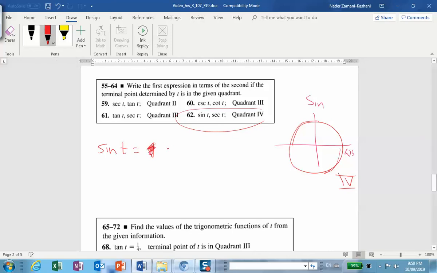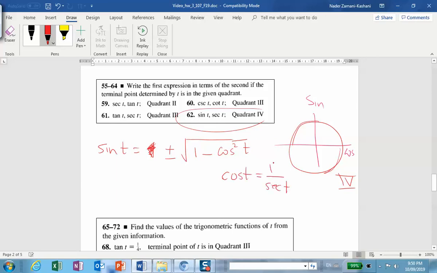Sine of t is plus or minus the square root of 1 minus cosine squared t. But we want to write things in terms of secant. Now remember, cosine of t is 1 over secant of t.